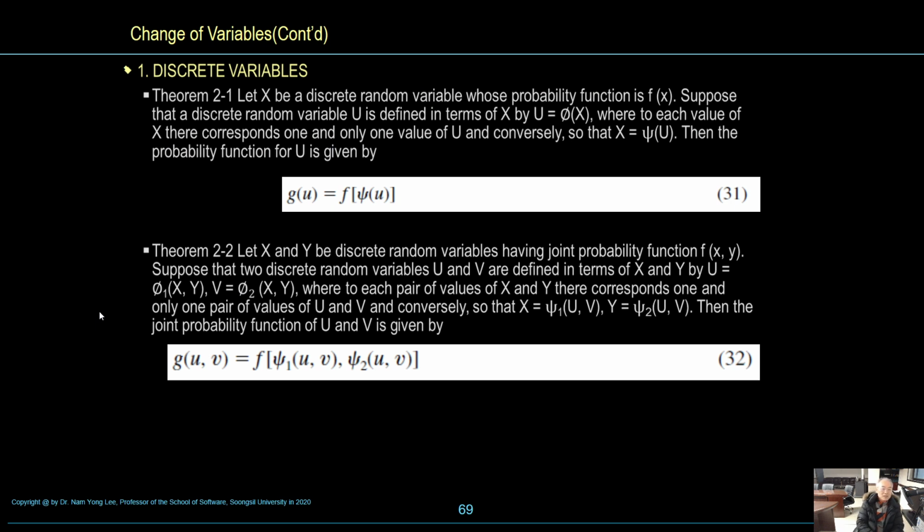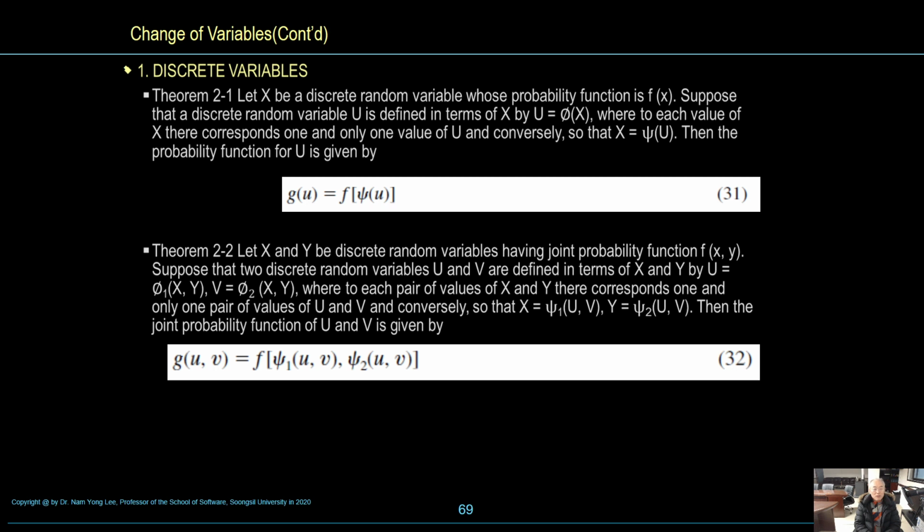Procedures for obtaining these distributions are presented in the following theorems for the case of discrete and continuous variables. Discrete variables. Theorem 2-1. Let X be a discrete random variable whose probability function is f(x). Suppose that a discrete random variable U is defined in terms of X by U = φ(X), where to each value of X there corresponds one and only one value of U, and conversely, so that X = ψ(U).